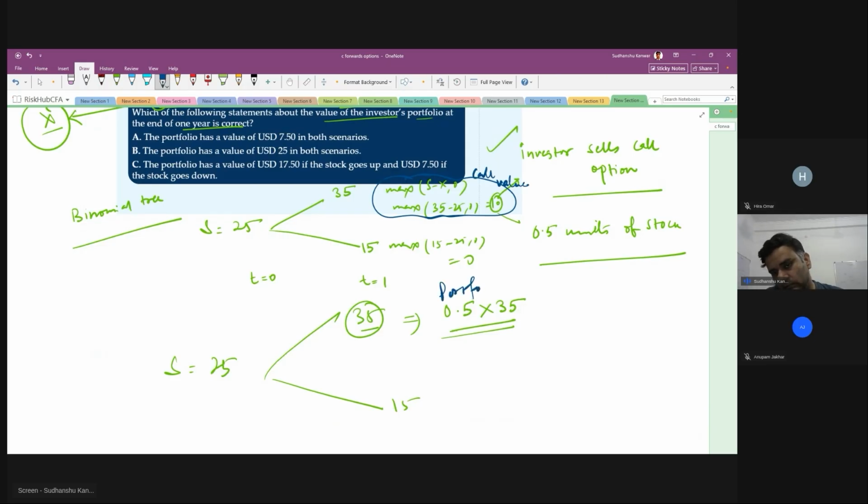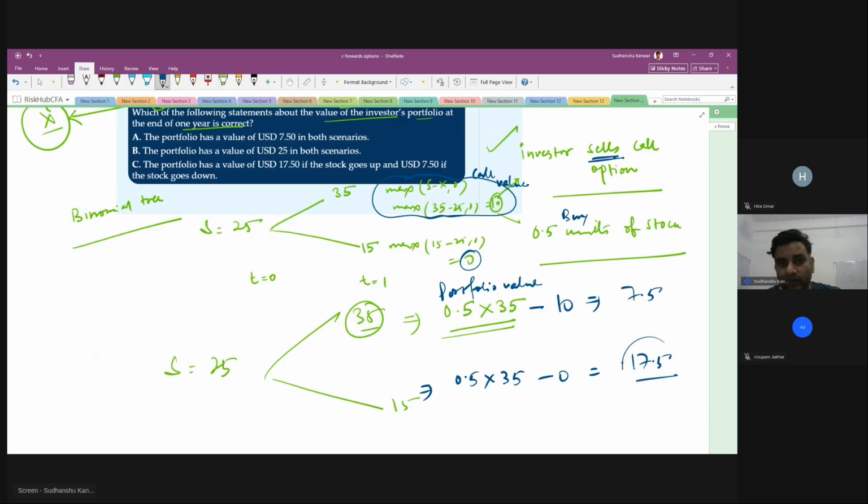I take 0.5 units of stock, 0.5 into 35, minus 10 because I'm selling the call. I have bought 0.5 units of stock and sold the call, minus 10. Here I'm buying 0.5 units of stock and the call option is 0, minus 0. If I solve it, it is 17.5 minus 10, that is 7.5, and here it is 17.5.